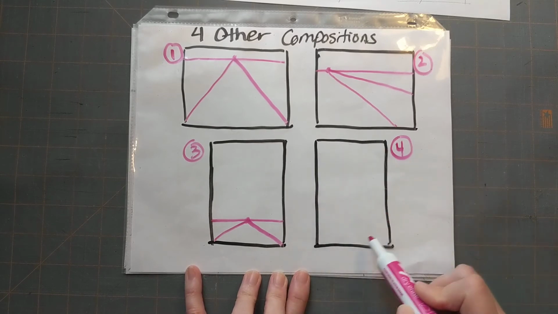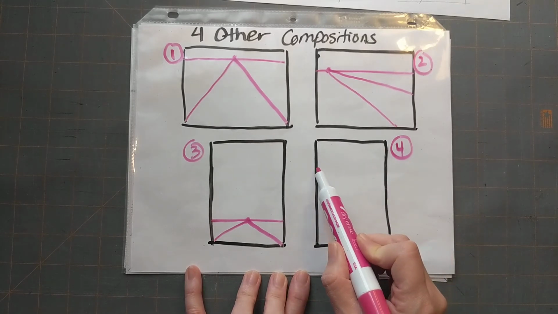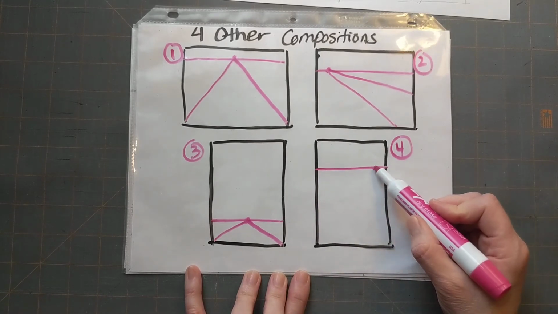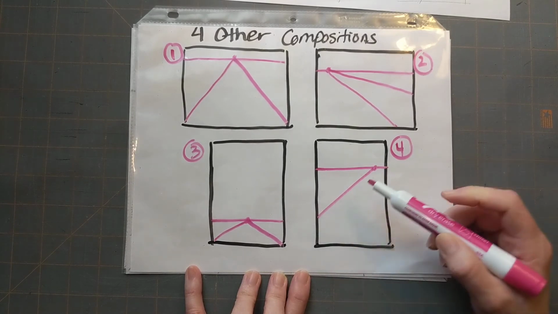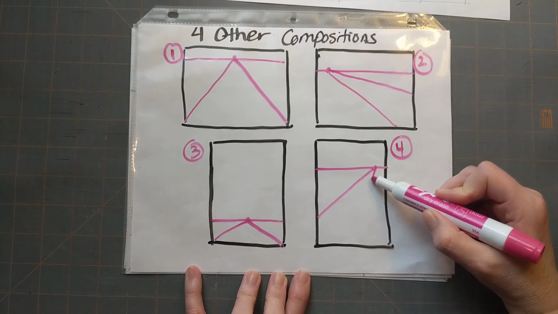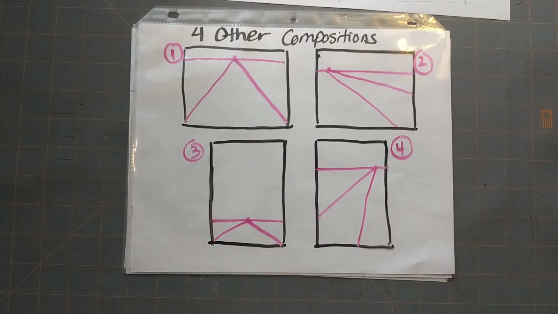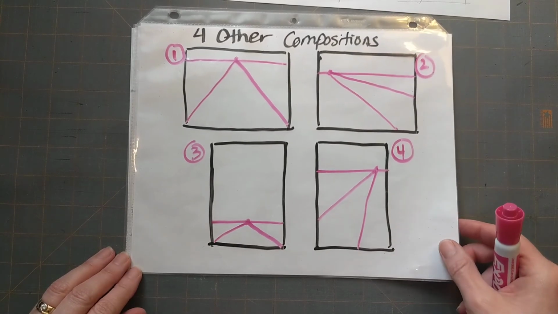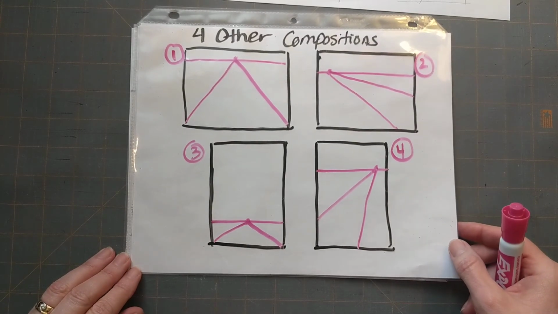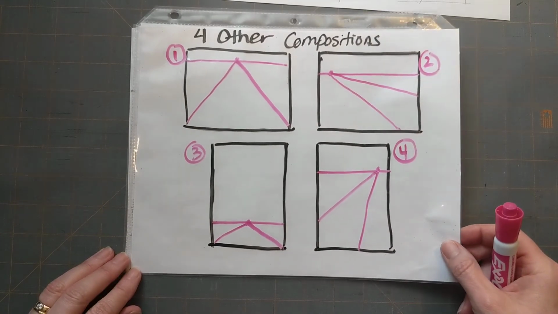We have another vertical layout of your picture plane, and we can adjust the horizon line towards the upper half, and maybe we can just change the direction of the orthogonal lines and the vanishing point. Okay, so here's 4 other ideas. I'm sure you can come up with more, but I want you to be kind of creative with this drawing. Think of where you could put the vanishing point in the horizon line.